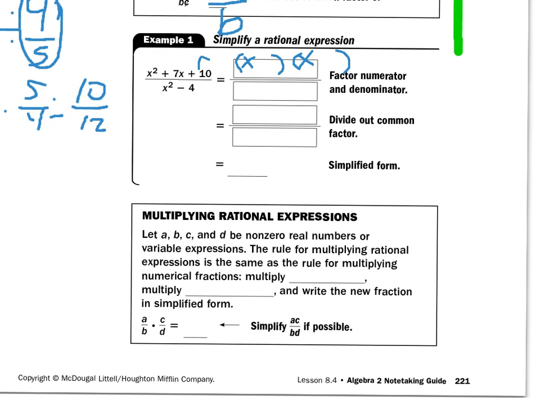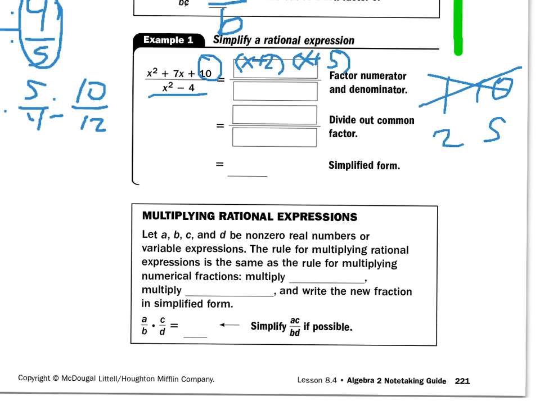I'm looking for numbers that when I multiply them I get 10, like 1 and 10 or 2 and 5, and when I add them, I get 7. So obviously 1 and 10 is not going to work. 2 and 5 works. When I multiply 2 and 5 together, I got a positive 10. When I added 2 and 5, I got a positive 7. Then they must both be plus plus. So I have x plus 2 over x plus 5.